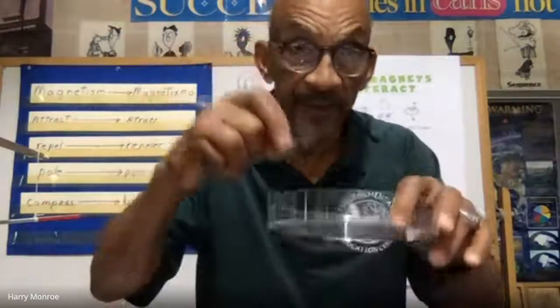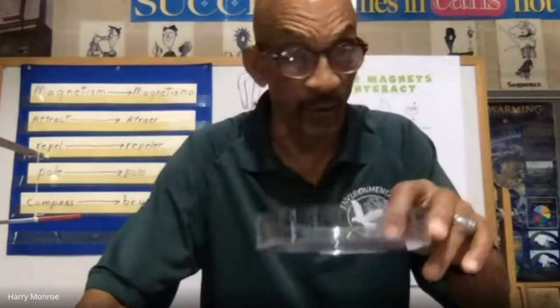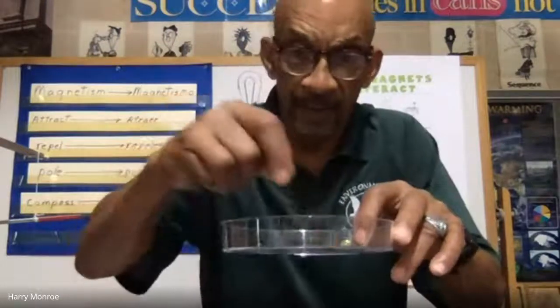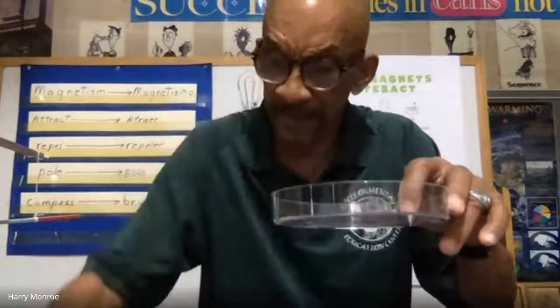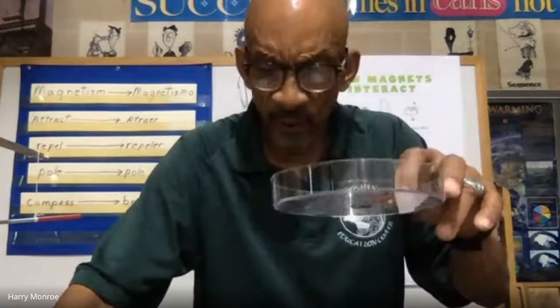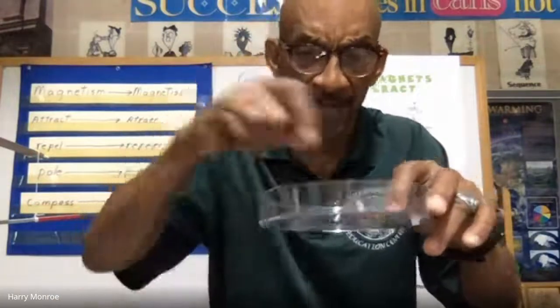Okay? I'm also going to try another little test. I'm going to put another piece of metal, and I'm going to put a brad, which has a little different color. I don't know what it's made out of. And I'm going to put a plastic paper clip, and I'm also going to put a penny. And just for my own curiosity, I'm going to put a dime.